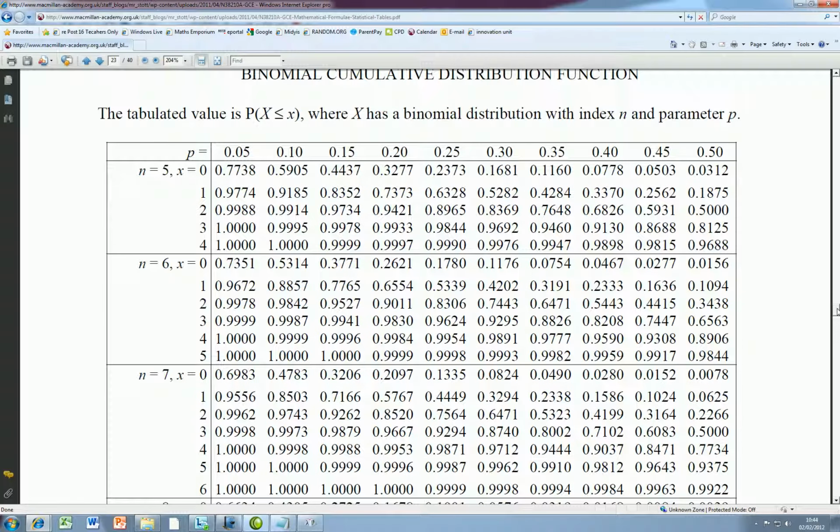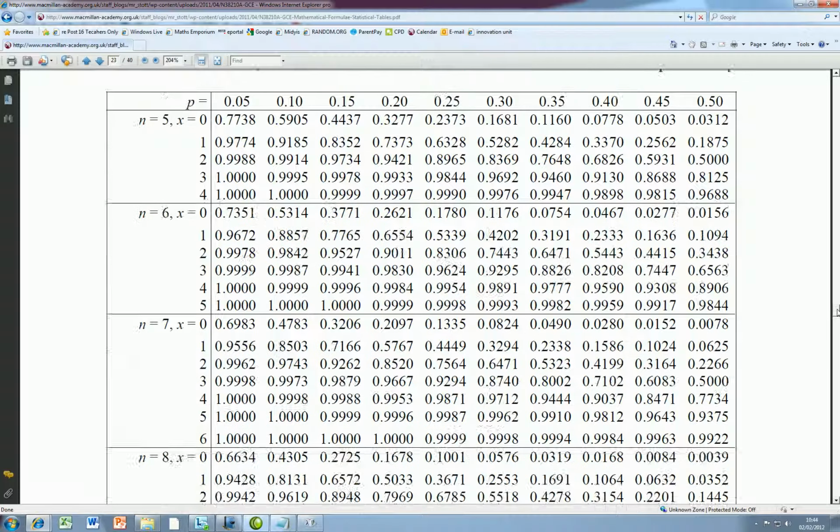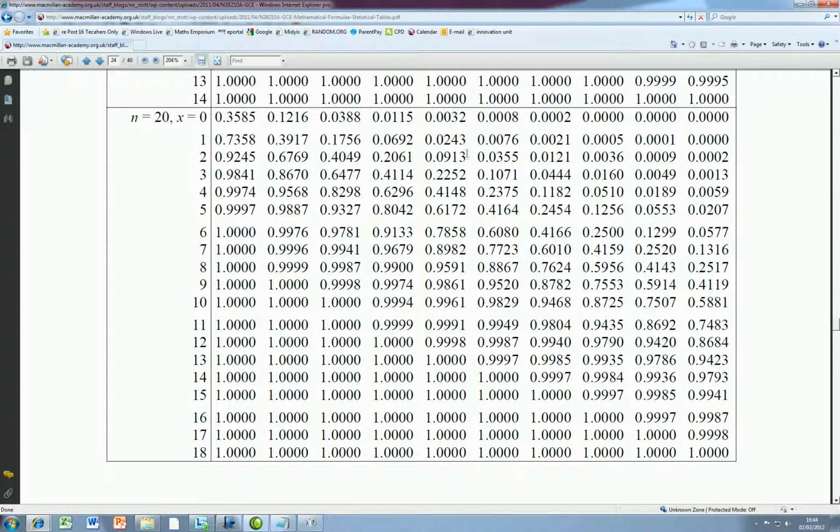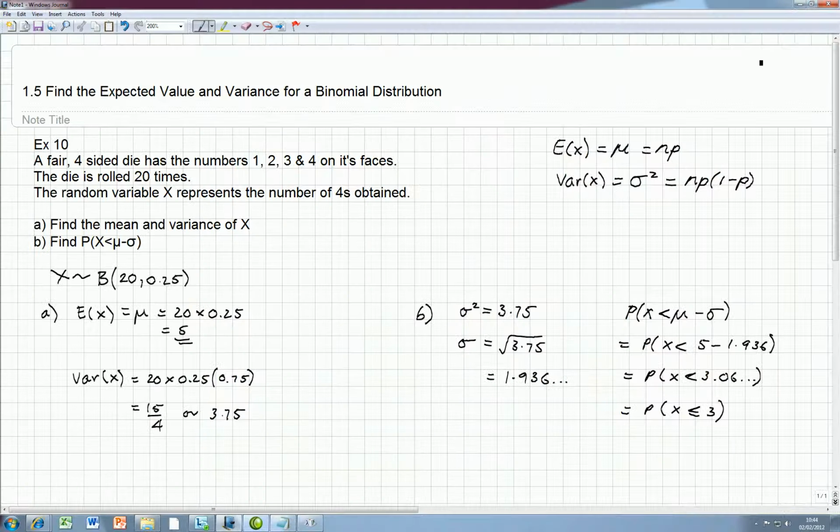Where's that going to be? Fifth column in. 1, 2, 3, 4, 5, and 3. That's going to give us 0.2252. Let's finish that off then. 0.2252. There we go.